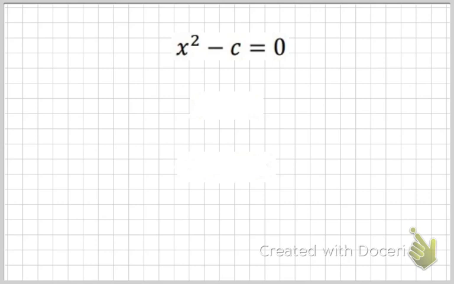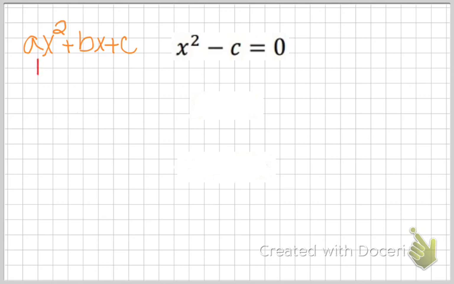Now, let's talk about quadratic equations just for a little bit. Quadratic equations are in the form of ax squared, where the highest degree is a 2, plus bx plus c. There are several elements that make up your typical quadratic equation.